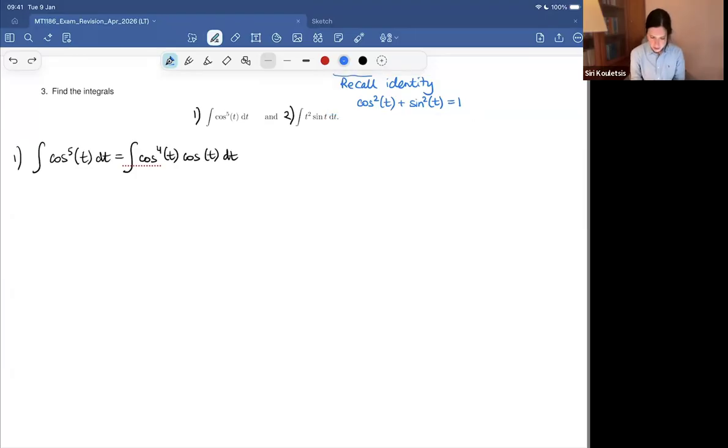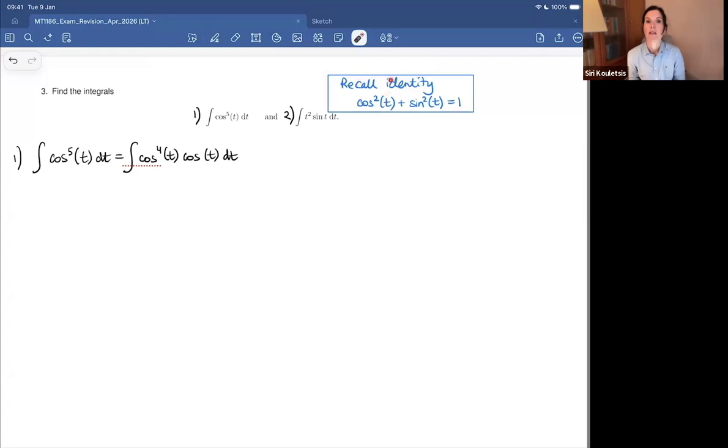Have a think about how that will help. We have cos to the power of 4, but of course cos to the power of 4 is just cosine t squared and then squared.